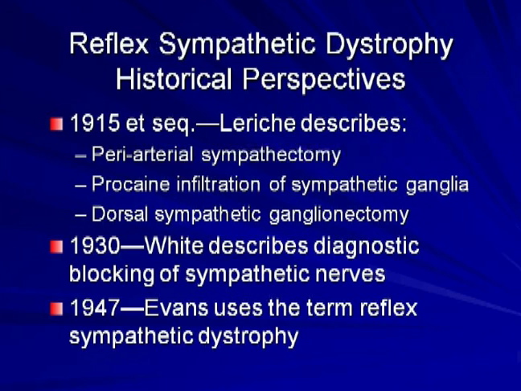So White described a diagnostic blocking technique where you put the needle near the lumbar ganglion and you inject local anesthetic and you see if they get relief as a prognostication of whether they would respond to a sympathectomy. So this was the first time that a nerve block was used for diagnostic purposes to the sympathetic nerves directly to determine if it would be effective and if surgery would therefore likely be effective.